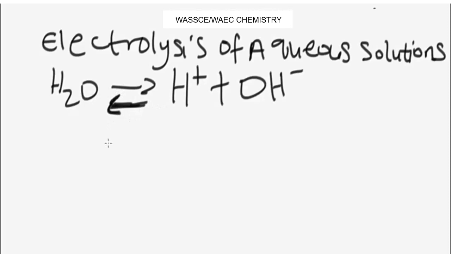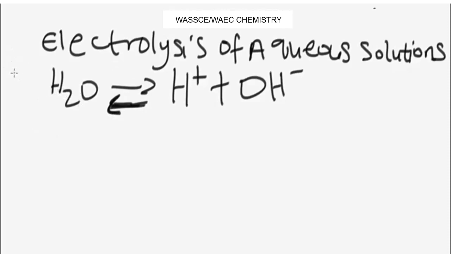Now, the second thing you have to take note of in electrolysis of aqueous solutions: at the cathode, if hydrogen ions and metal ions are present, hydrogen gas will be produced if the metal ions form an elemental metal that is more reactive than hydrogen. This is very important.